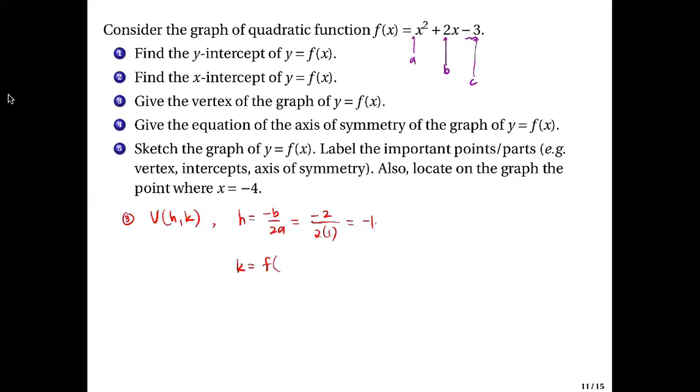K is f of negative 1, which means we'll have negative 1 squared plus 2 times negative 1 minus 3. This is 1 minus 2 minus 3, which is equal to minus 4. Therefore, the vertex is at the point negative 1 comma negative 4.